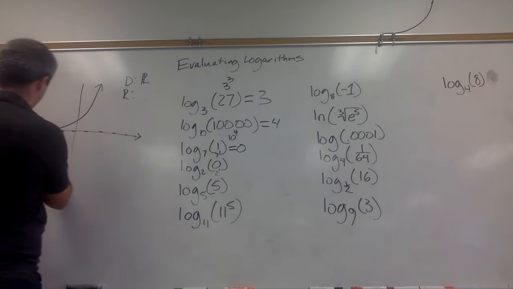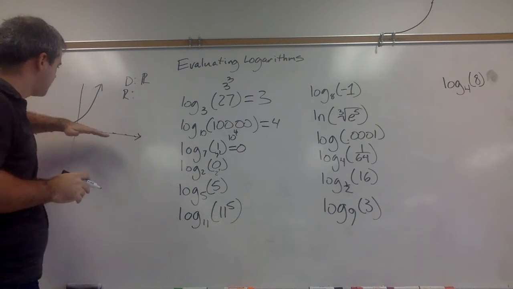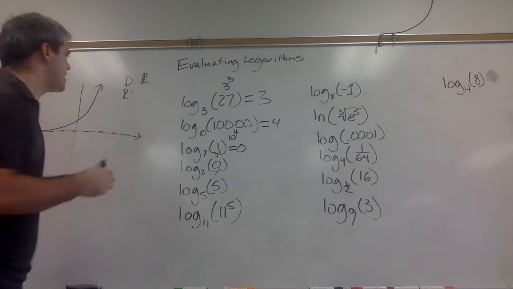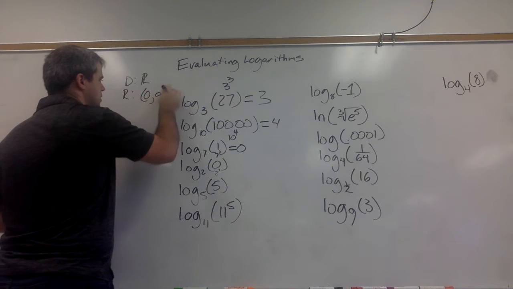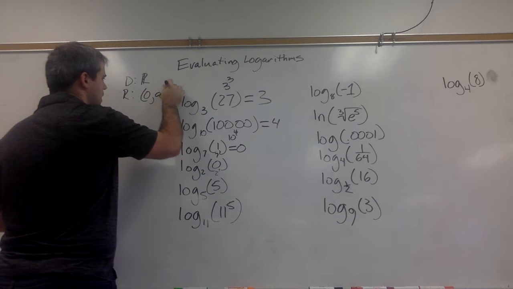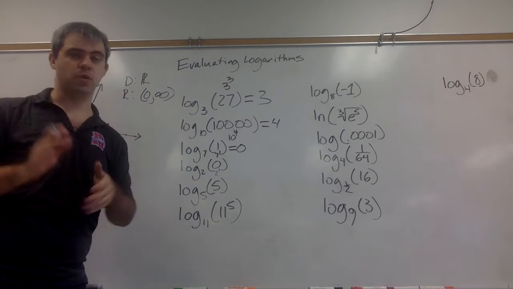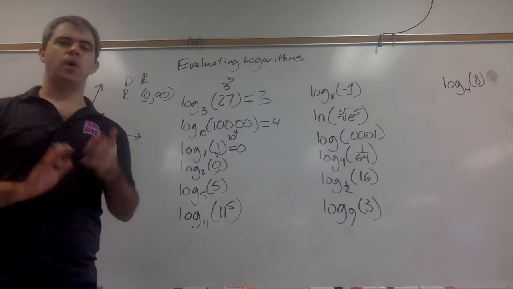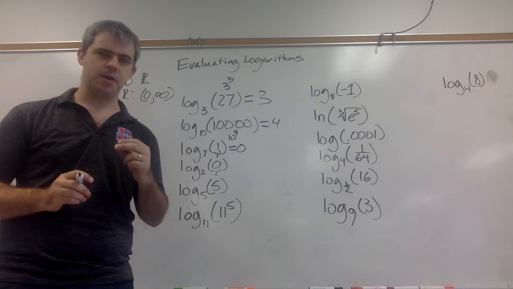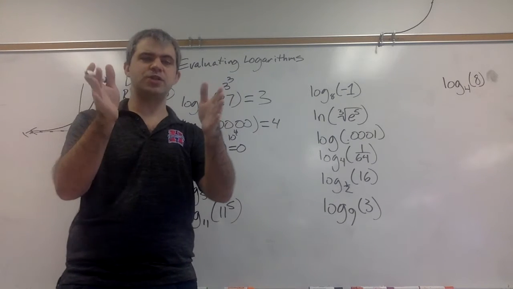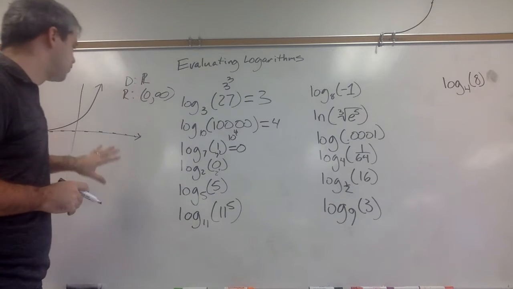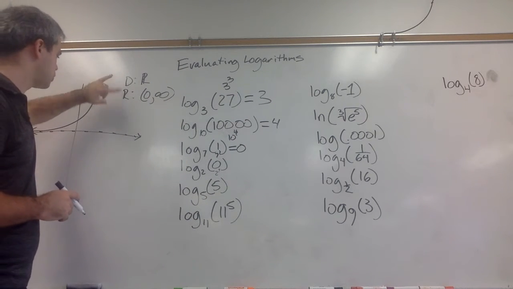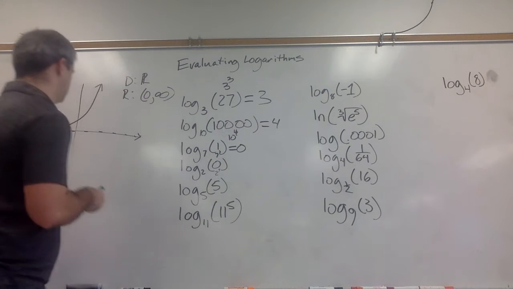We had an asymptote here, remember? And nothing went below this. So our range is all of the values from 0 to infinity, not equal to 0. Well, the way that inverses work, remember, you switch your input and your output. You switch your x and y, which means for logarithms, we're going to switch our domain and range.